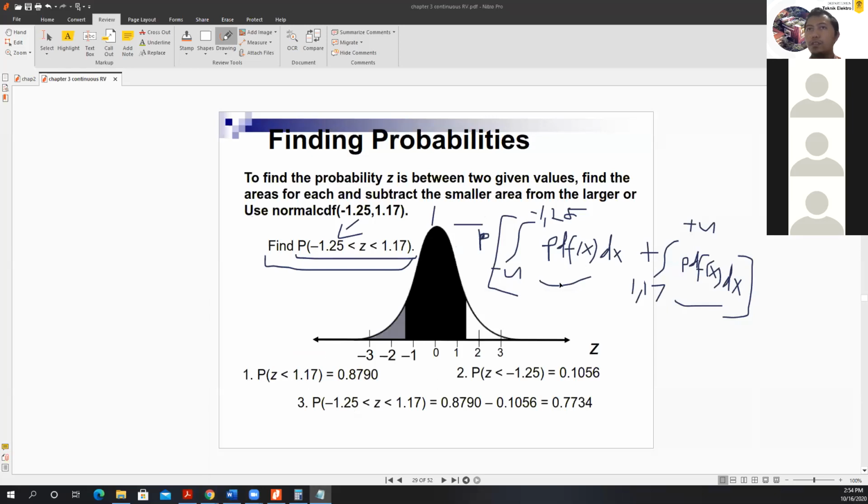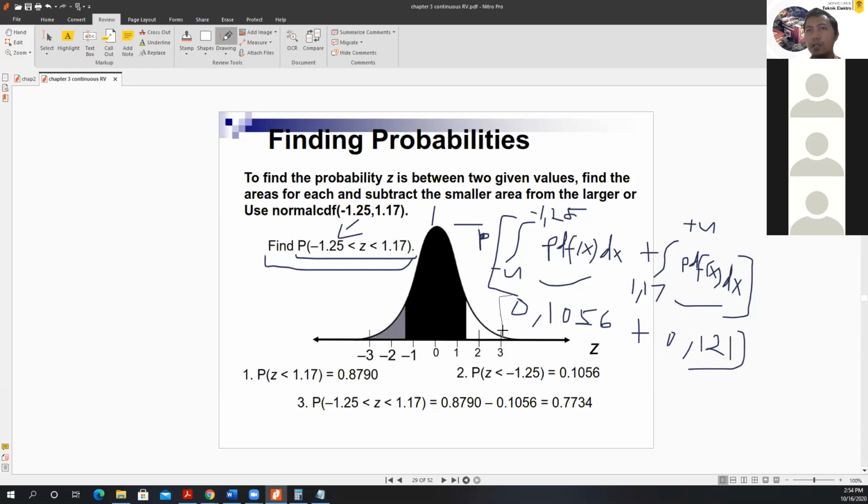After computations, this one is 0.1057 plus 0.921.